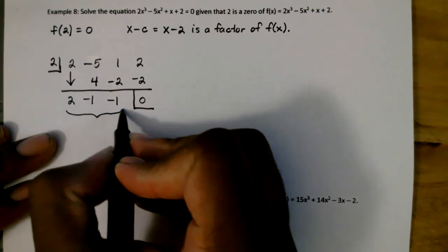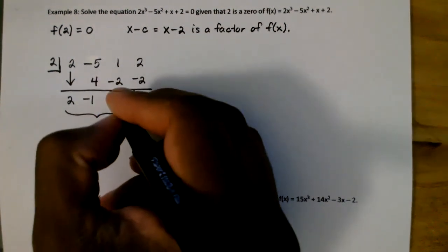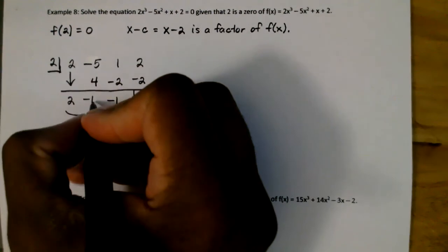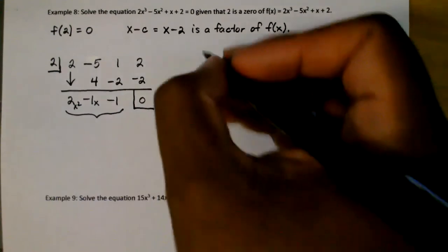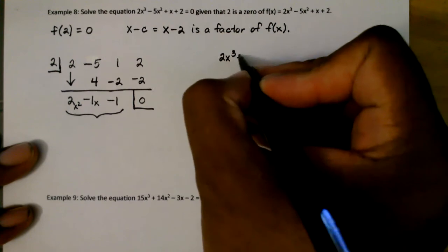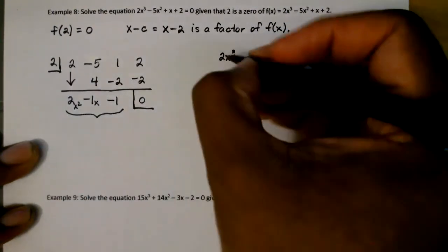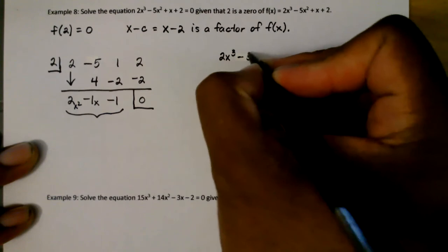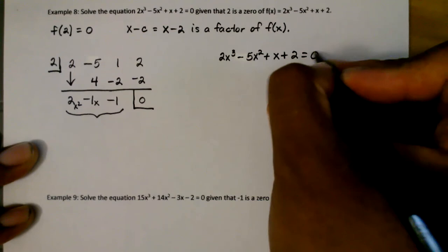So this part right here, where I got 2, -1 and -1, that's the quotient. This -1 will be the constant term. The -1 in front of that will be the coefficient of x. The 2 in front of that is your coefficient of x squared. Okay, so let me write this out: 2x cubed minus 5x squared plus x plus 2 equal to 0.